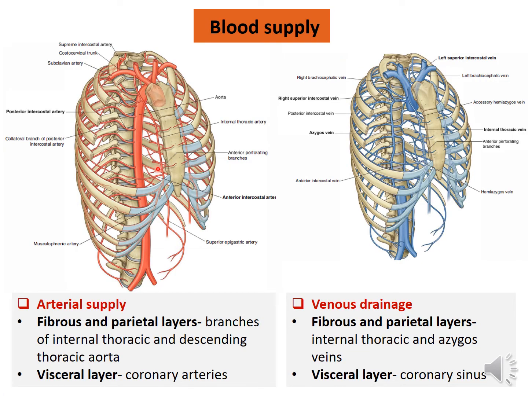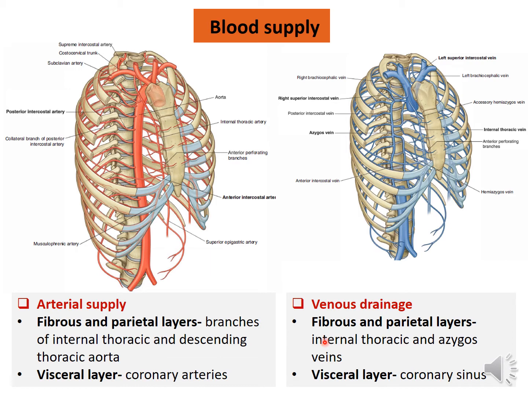The blood supply: the fibrous and parietal layers of pericardium are supplied by branches coming from the internal thoracic artery and descending thoracic aorta, whereas the visceral layer is supplied by the coronary arteries, which are the arteries of the heart musculature.